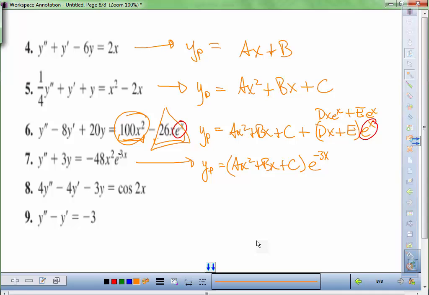Now, the cosine's a little funny because whenever we see a cosine that exists, we know that lurking right around the corner is a sine. Right? It seems like cosine and sine are just kind of together, right? So, can anybody take a guess at what your particular solution might be if you had a cosine 2x?